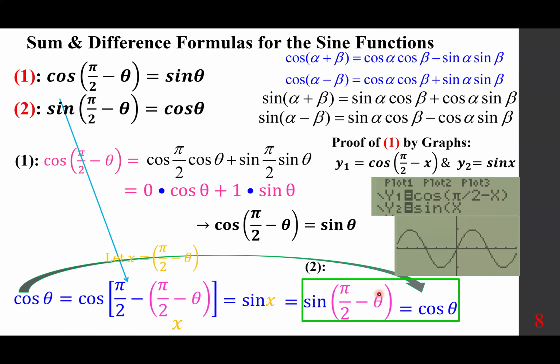So it's pretty straightforward. When you want to prove anything, you start with something that you've already proved. So this is the methodology that is used for proving identities.